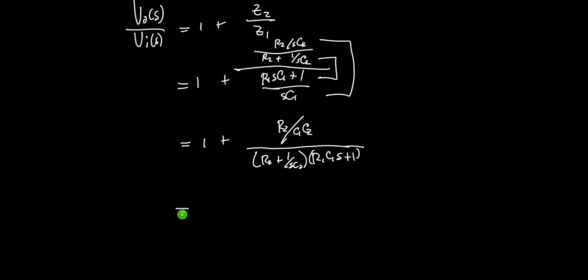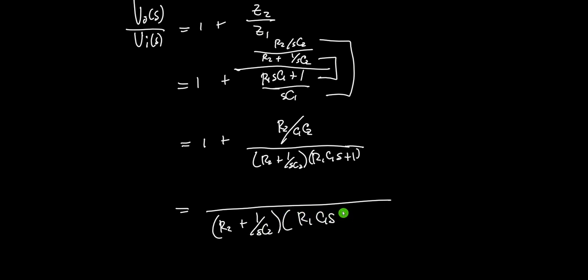Then we can finally add it to 1. So this will be R2 plus 1 over S C2 times R1 C1 times S plus 1, then you divide it by 1 and multiply it by 1. So just copy that, R2 plus 1 over S C2 times R1 C1 S plus 1, then plus this one, R2 all over C1 times C2.